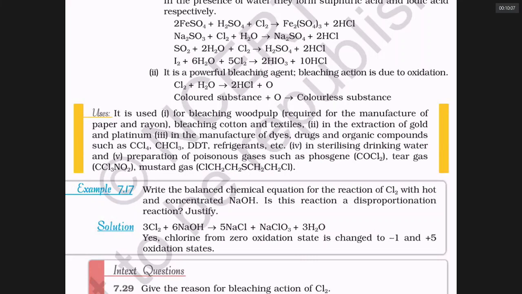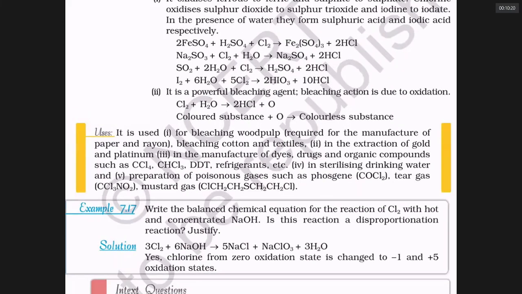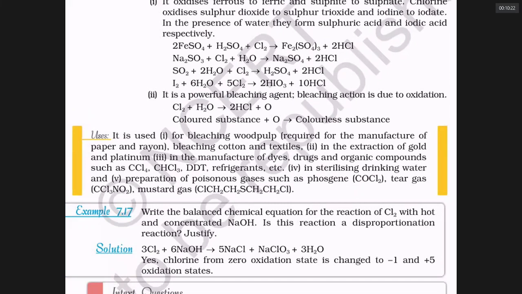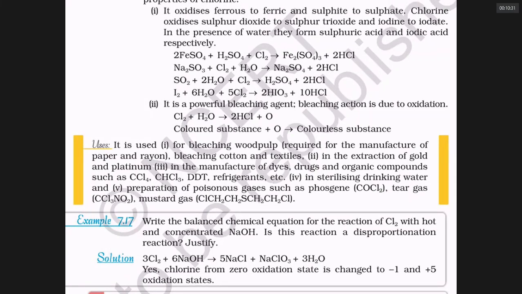Chlorine is used for disinfecting water, sterilizing drinking water, and has many important uses in the manufacture of medicines and pesticides. Chlorine is used in the extraction of precious metals like gold and platinum. It is also used in cleaning paper in the paper industry and fabric in the yarn industry.